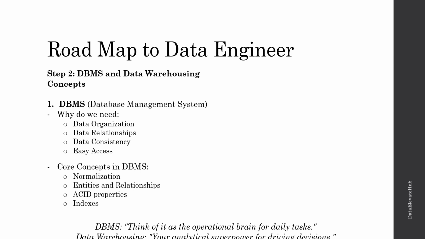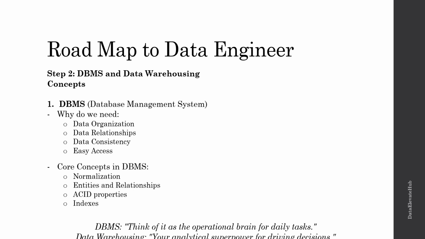For example, earlier we split the customer table into customer info and order details. So here customer is an entity and order details is an entity. Now what is the relationship? The connection between the two entities is a relationship. For example, customer places an order.